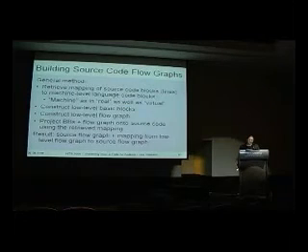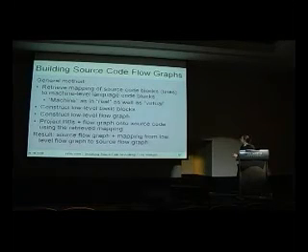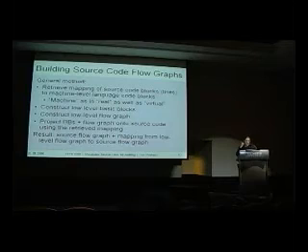Building source code flow graphs is not really rocket science, but it's not straightforward either. The general method is that you have to get a mapping of the source code blocks, the lines, to the machine level language that it translates to, and then construct the low level basic blocks.